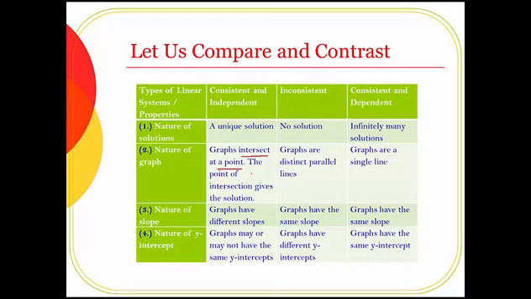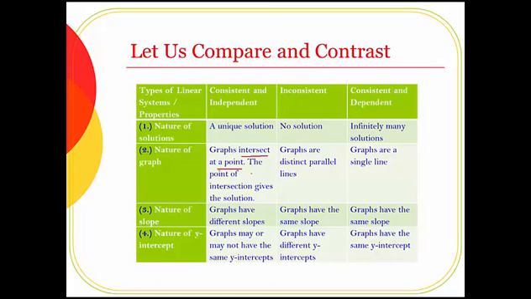So, because they do not intersect, they are parallel and they do not have any solution. For consistent and dependent systems, the graphs are superimposed on themselves, making just a single line.